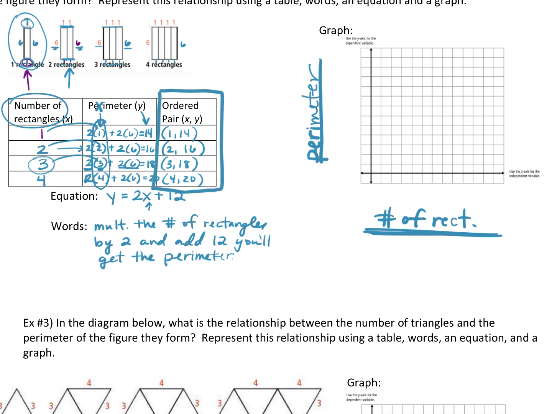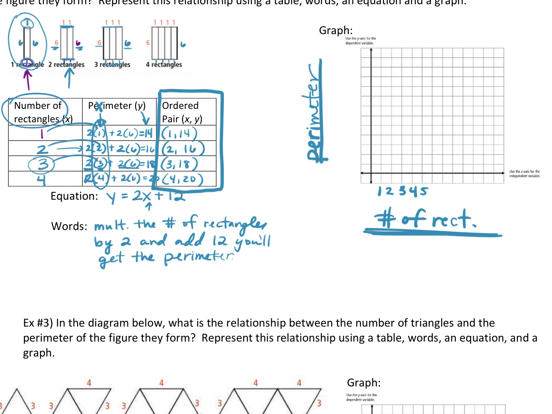So here's why this comes in handy. If you write it as an ordered pair, it's pretty straightforward to graph it. When you graph, you have to count by consistent numbers, not on both axes, but on any given axis. You can't just go 1, 4, 5, 9, right? We have to go in order. So the number of rectangles, it makes the most sense to count by ones. 1, 2, 3, 4, 5, and so on.